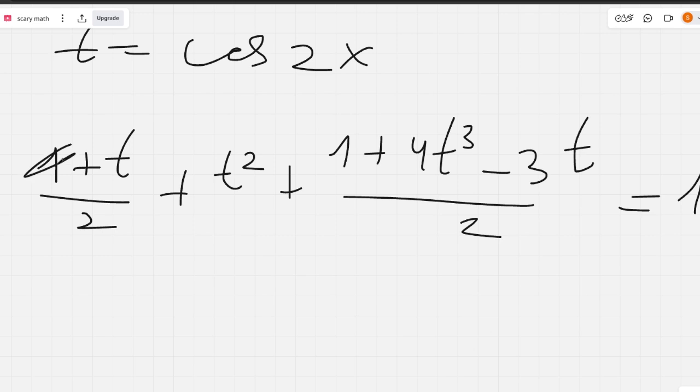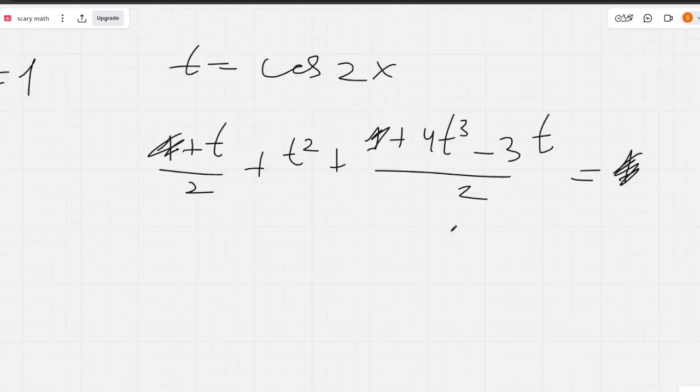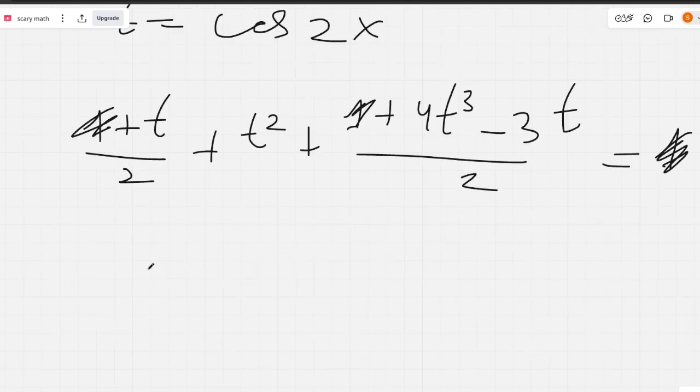Now we can get rid of the ones because we have 2 halves and 1 on the other side. And then when we multiply this thing by 2, what we get is 4t cubed plus 2t squared and minus t.